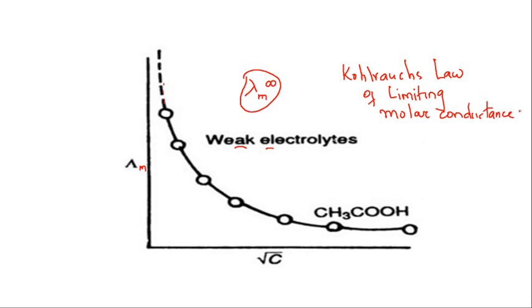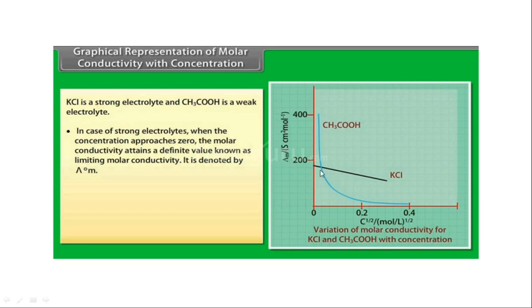Okay, so to find out lambda infinity for weak electrolytes, we make use of Kohlrausch's law, which we will be studying in the next lecture. You can see here, I have taken this graph from the net.